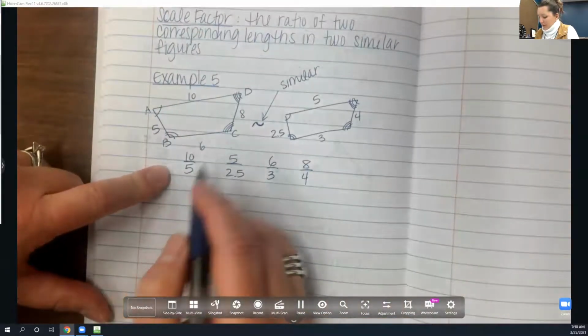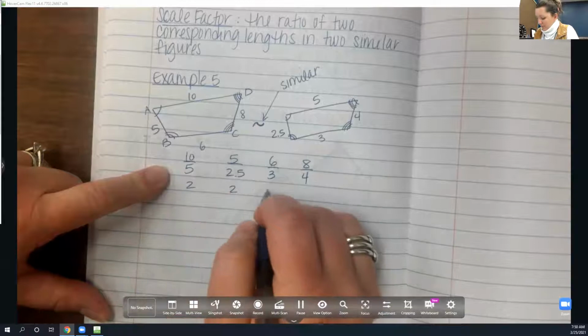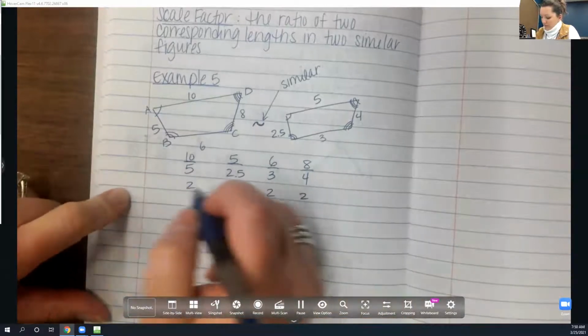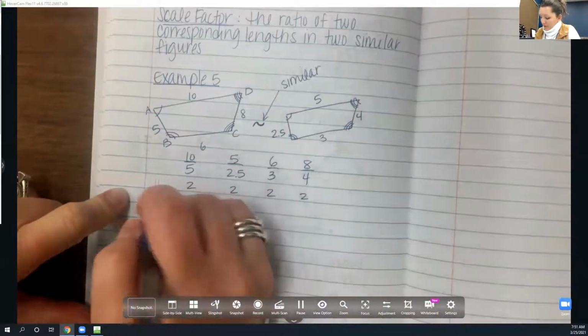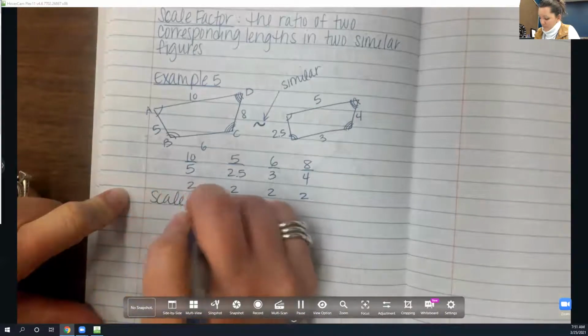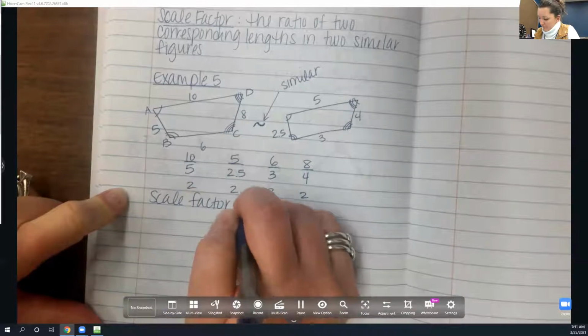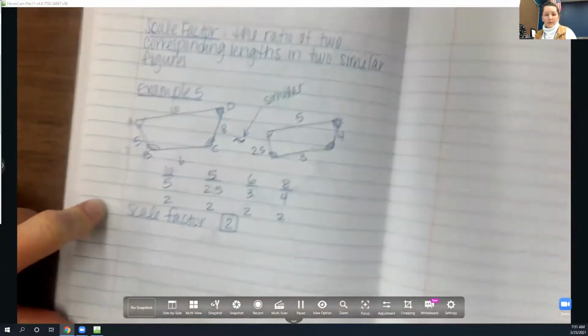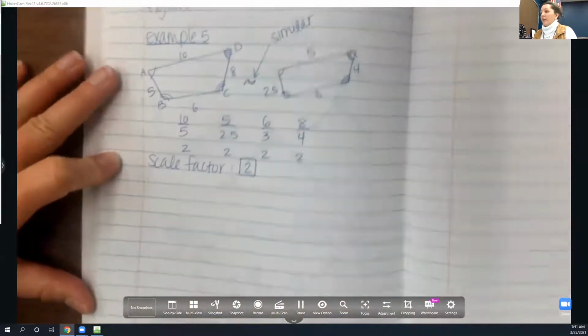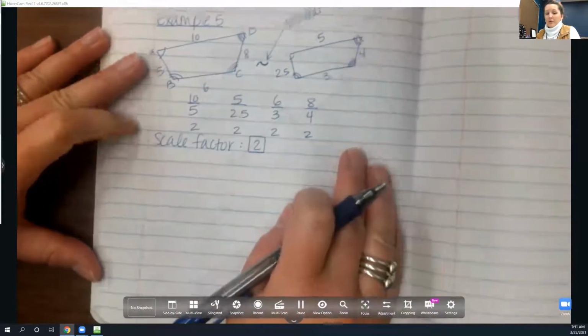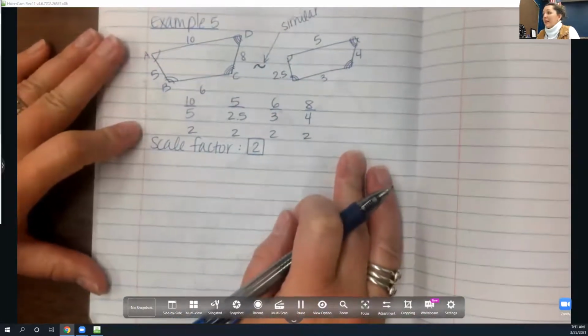If I divide all of these, I get 2. So guess what my scale factor is? My scale factor is 2. Ta-da!